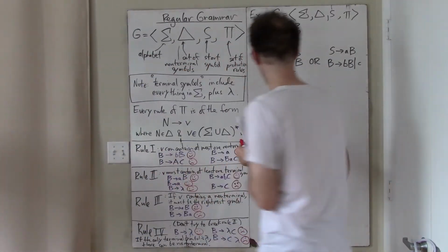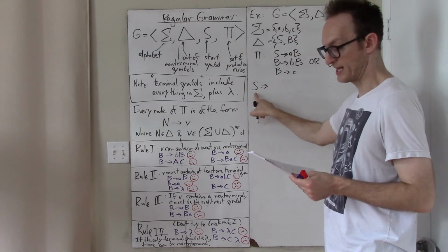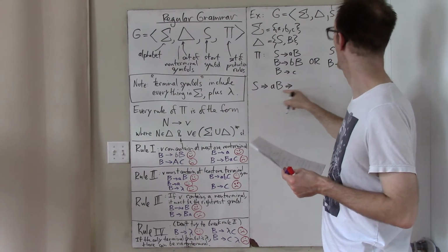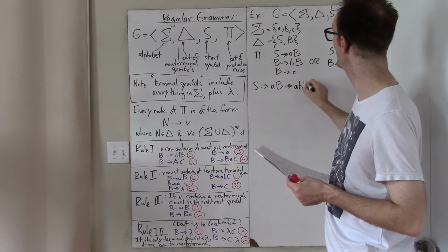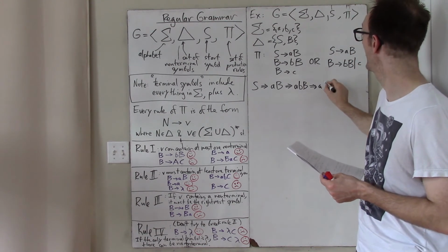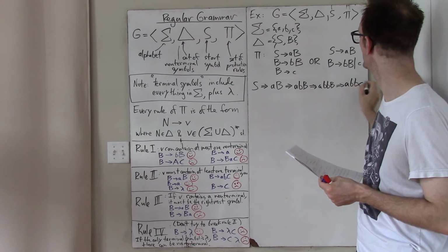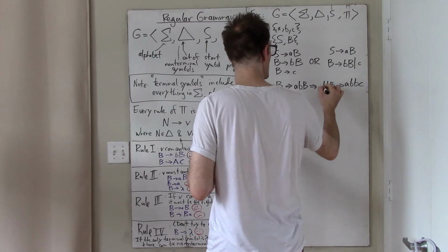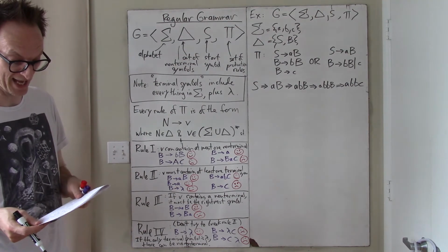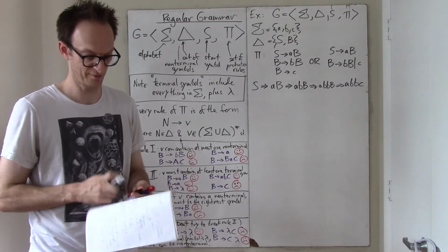Just to introduce some more notation, let S be replaced with AB, which is then replaced, following this rule, with ABB, which is then replaced with ABBB, and finally ABBC.